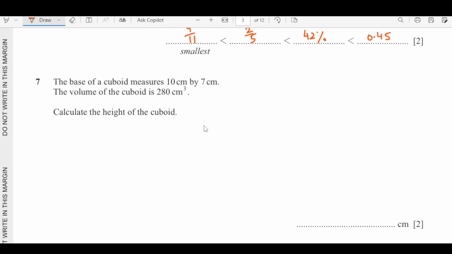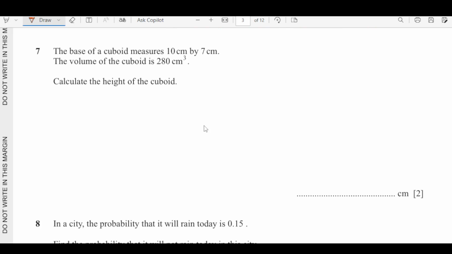Now number 7, the base of the cuboid measures 10 centimeters by 7 centimeters. The volume of the cuboid is 280 centimeters cubed. Calculate the height. As you know, the volume is length times width times height, right? The length is 10, the width is 7, the height we don't know, and all this equals 280.